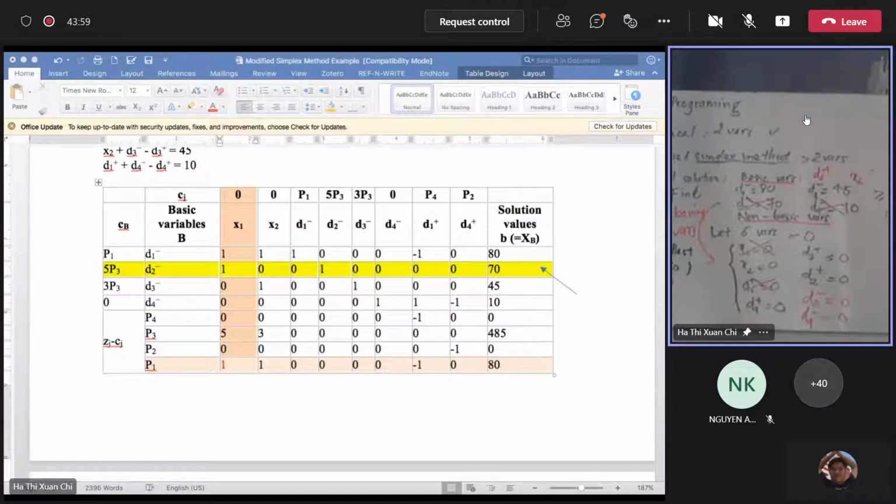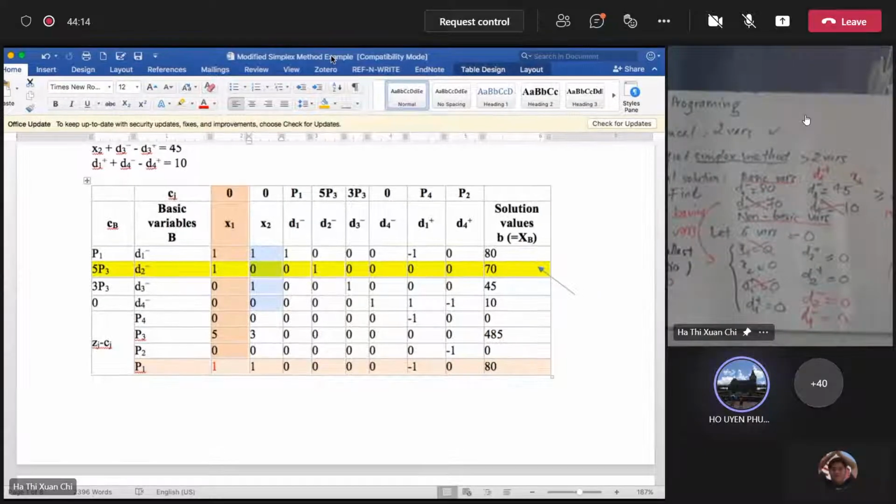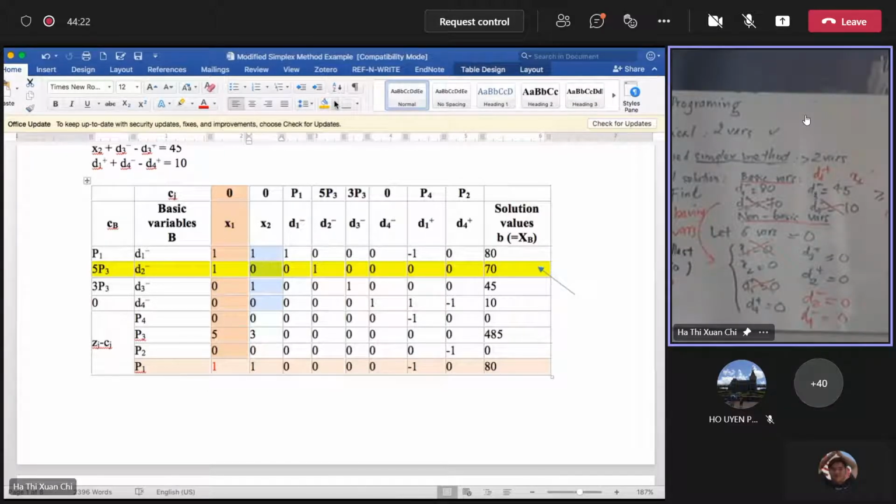Can you explain the second column too? The second, yeah, you take this one. I mean the lower four, Cj minus Zj minus Cj. I cannot get your point.